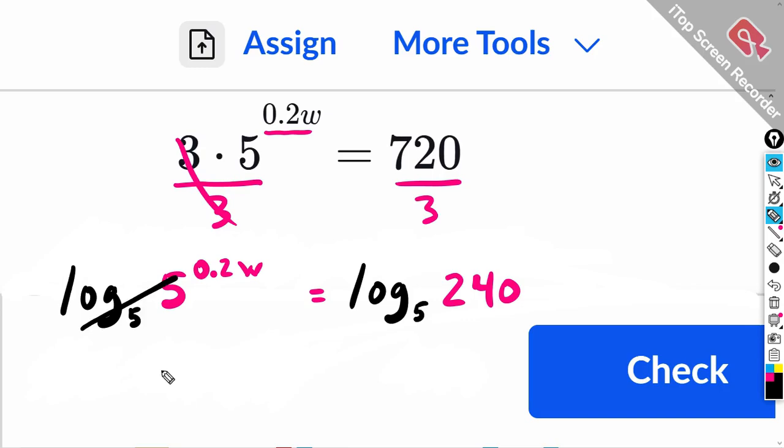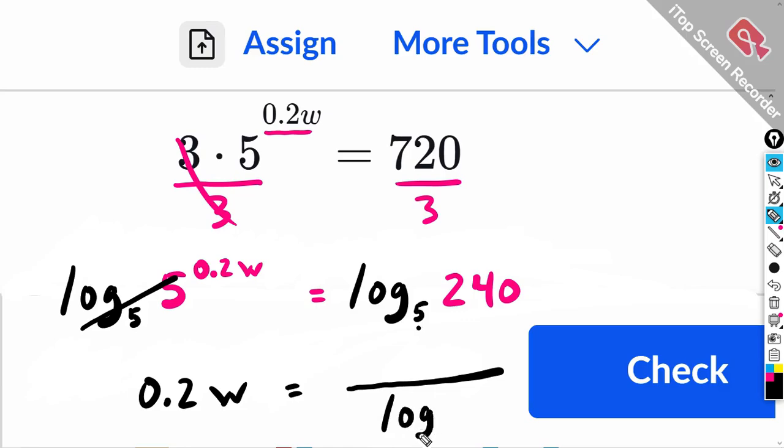We're left with 0.2w. And right here, I'm going to use the change of base rule. Remember, the base b goes on the bottom, so log of 5 goes on the bottom, and the 240 goes on the top, log of 240.